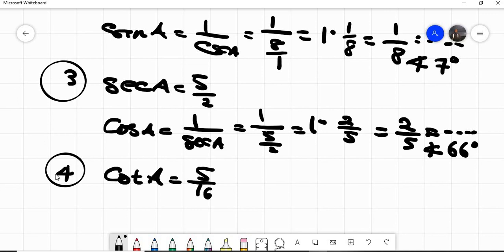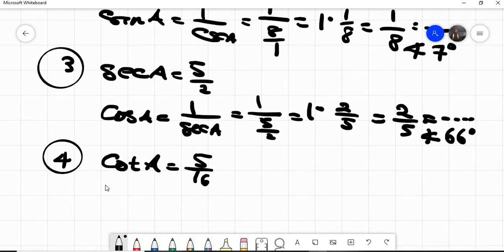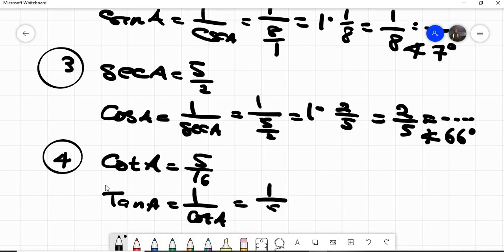We know tan A equals 1 over cot A, which is 1 over 5 over 16. So it's going to be 1 times 16 over 5.